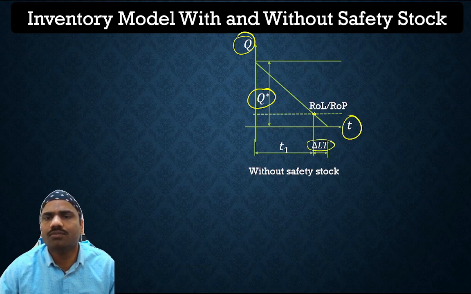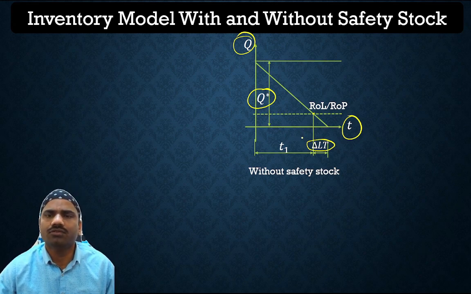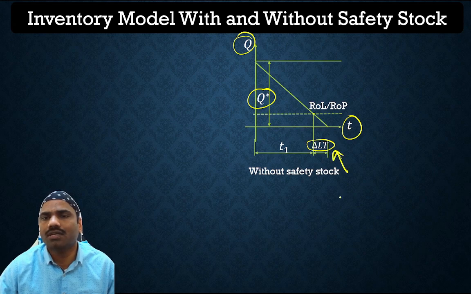So we have lead time. Lead time may vary, so we can have an average lead time, and that is delta LT. This is nothing but the average lead time.